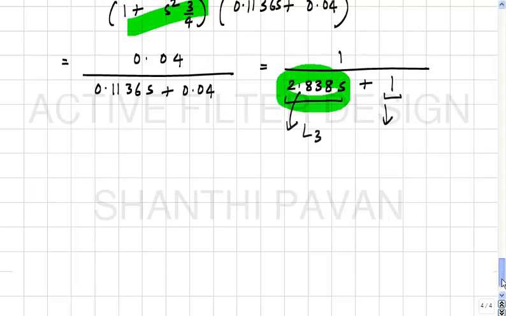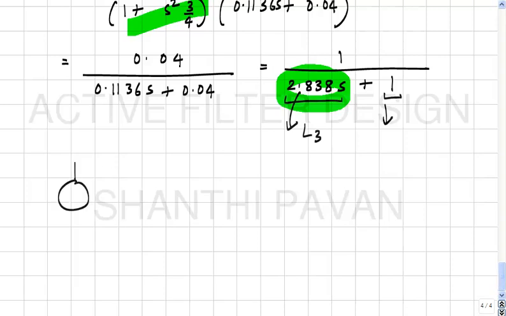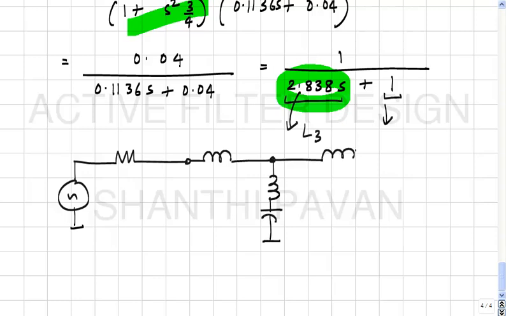Okay. So what is the final network? The final filter network therefore is one ohm, 2.838. Okay. What about the, what is L1? 2.838.